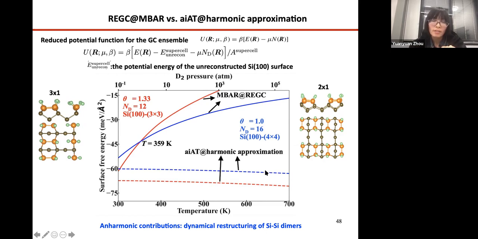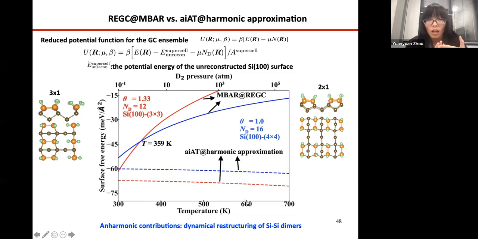For comparison, we also calculate the free energy of these two phases using ab initio atomic thermodynamics, where the vibrational contribution is modeled in the harmonic approximation. The result of FHI-AT tells us that these two phases coexist from a temperature of 300 Kelvin to 600 Kelvin.